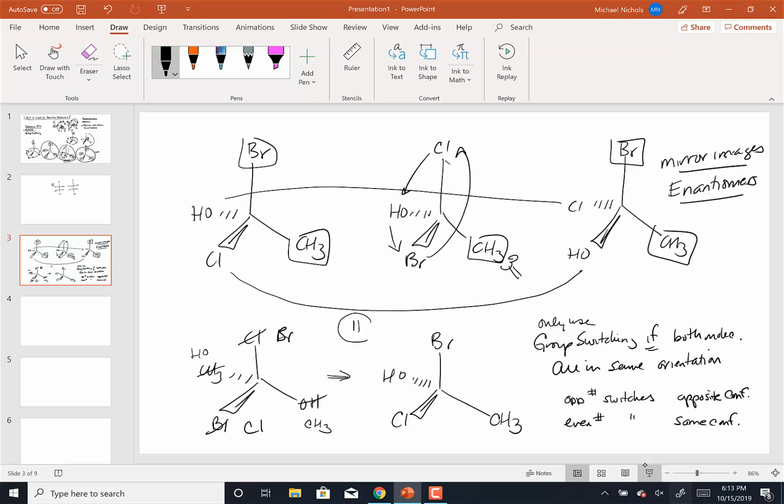Since it took two switches, that's an even number. That means these two carbons have the same configuration. And if they have the same configuration, then in this case they are the same molecule, they're just not meso.